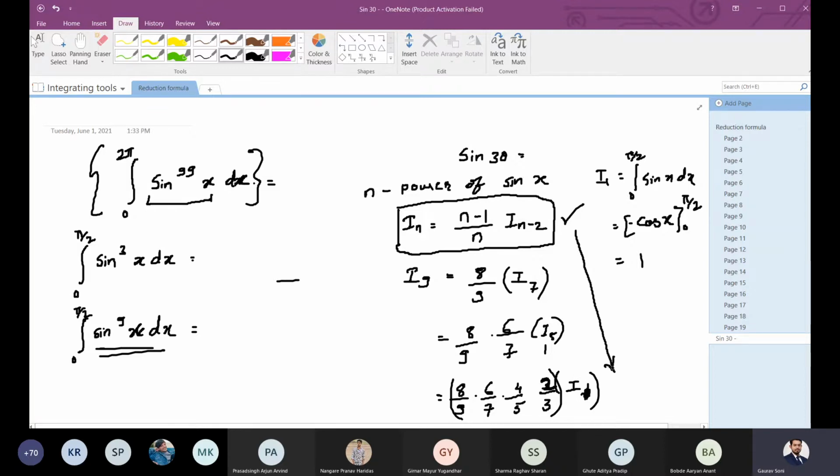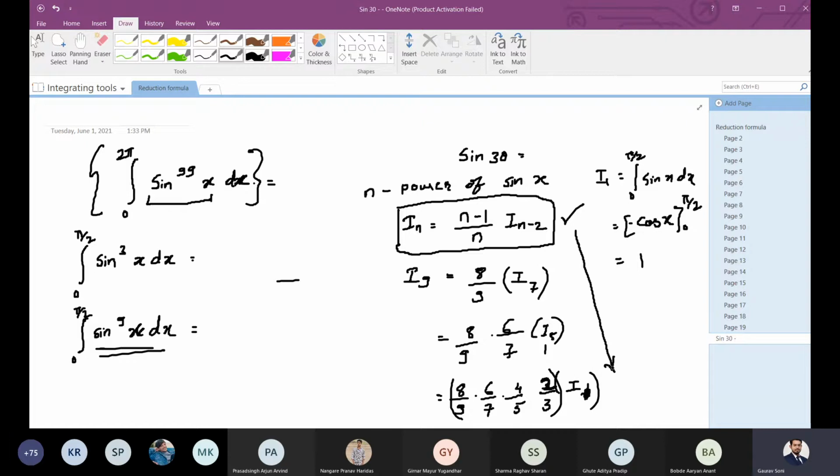So what I have done is I have reduced the power of sine. I have made a relation between sine raised to n and sine raised to n minus 2 and used it to find the integration. This technique is called the reduction formula, and it is not just about sin x. The same thing happens for cos x.